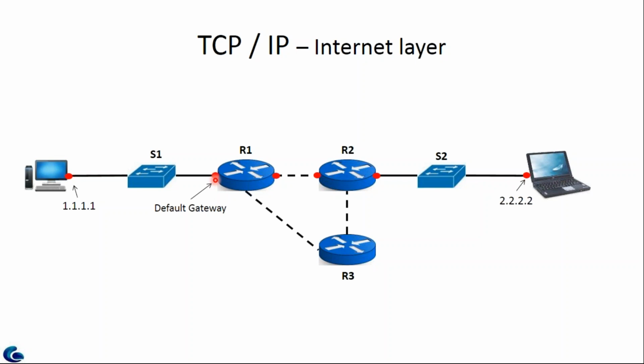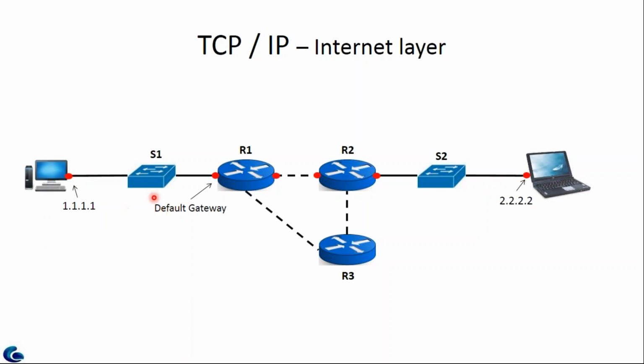And that router interface, which is actually facing this particular network, is referred to as the default gateway. So while configuring the PC, apart from the IP address that you put together, there is a field called default gateway you will enter there, clearly instructing the PC saying that, boss, if you have any packet which needs to go out of your network, here is the place you need to hand it over.